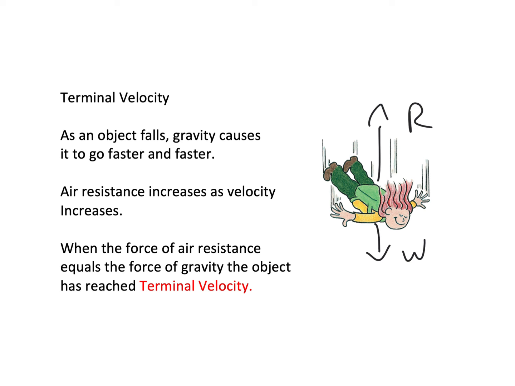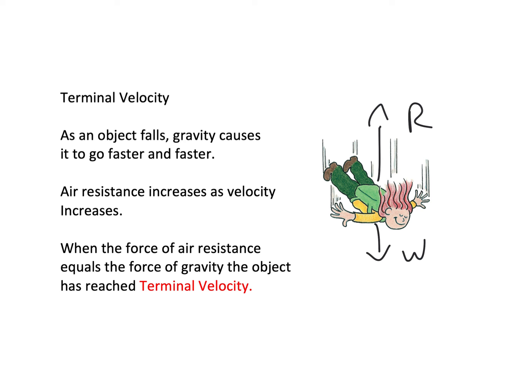So here's what happens, to recap. You jump out of the airplane, you fall faster and faster and faster because gravity is accelerating you downward. But the air resistance is getting bigger and bigger, so when the force of air resistance equals the force of gravity, you stop accelerating. Now that doesn't mean you stop moving, of course, but it means you stop increasing your velocity.